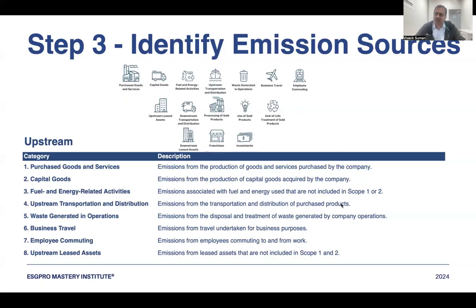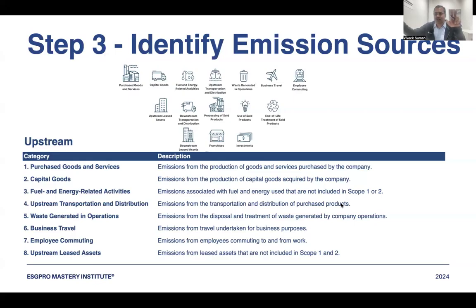Waste generated in operation is another challenge. So we say at every step there is a 2% loss, right? That 2% adds to your scope 3 emissions. It doesn't get out of the system. So you put 100 tons of limestone in the beginning, and you only got 80 tons of cement packets, right?